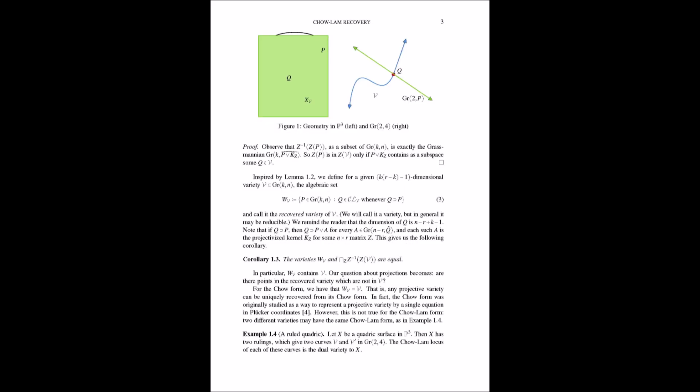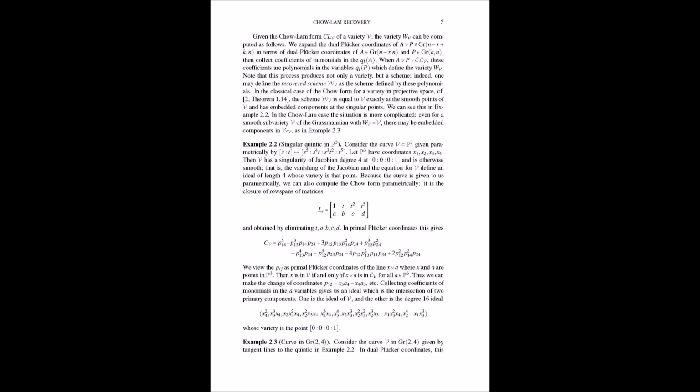Pratt and Ranestad focus on Schubert arrangements that arise from intersecting a Grassmannian with multiple Schubert divisors. I remember we talked about Schubert divisors before. Those are like hypersurfaces in the Grassmannian, defined by a specific geometric condition. Yeah, I've got it. For example, a Schubert divisor could be defined by requiring a line to intersect a given plane. And what do they find when they look at the Chow Lam recovery for these Schubert arrangements?